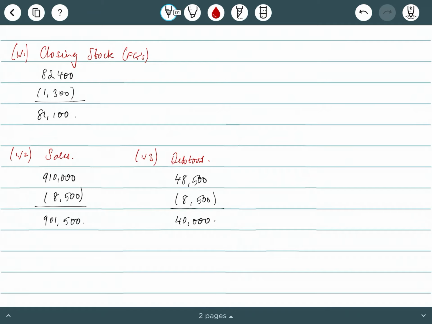So we'll divide that by 125% and multiply it by 100, and it will give you the cost of the goods, which is 6,800. So what you actually do here is add this back onto the closing stock. So we can come over here, I'll keep the same color. Add 6,800 onto the closing stock, and that will give you 87,900.